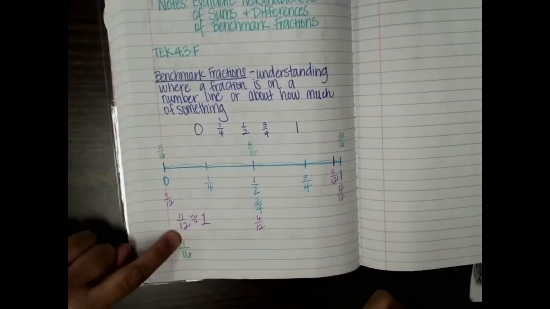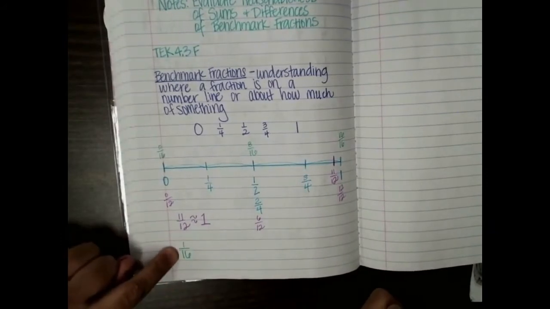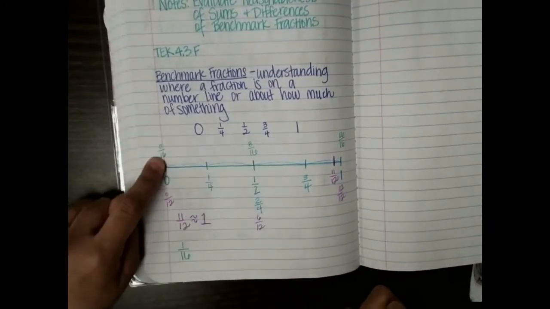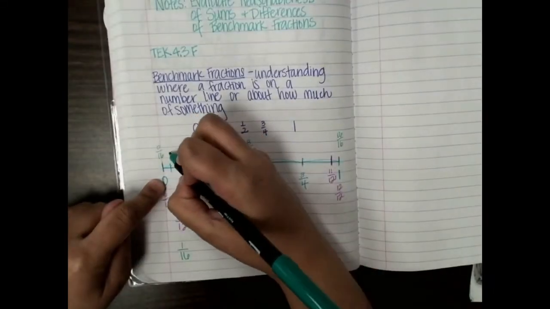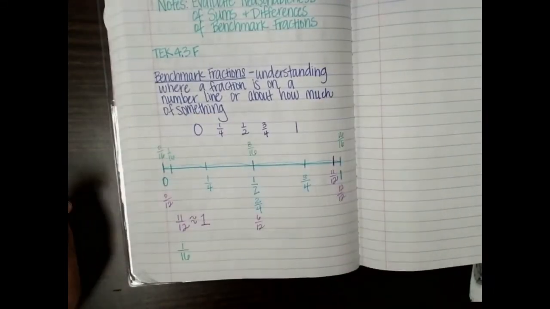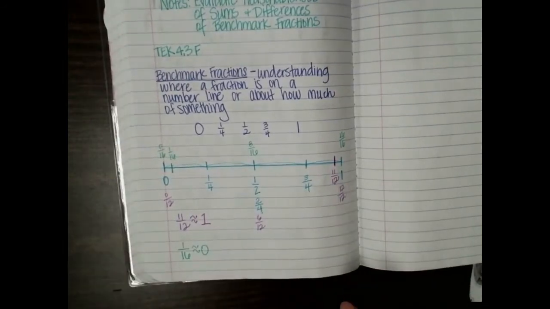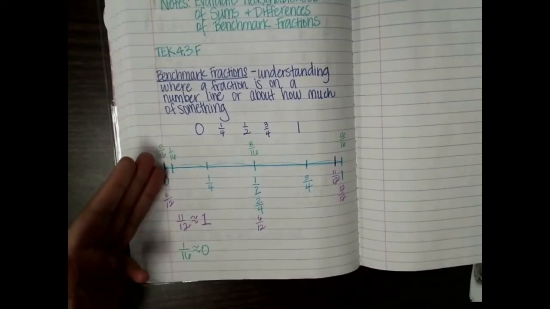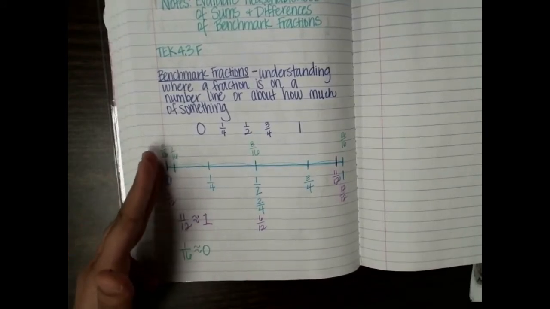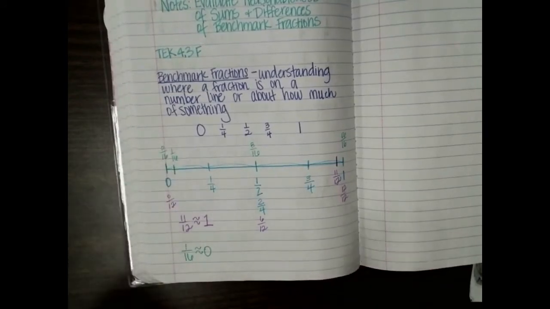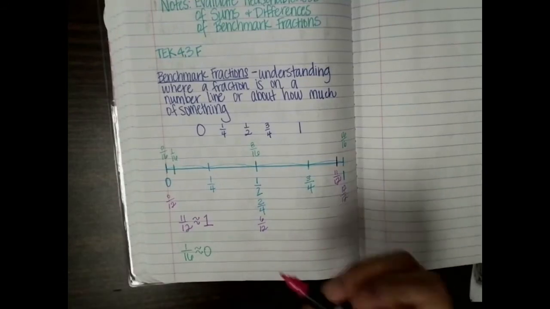So if I only have 1 out of 16, and that's 8 and that's 0, I'm somewhere over here. So this is basically nothing. I mean, it is something. It's not exactly 0, but it's barely anything. You're on this side of the number line. Let's look at another one.